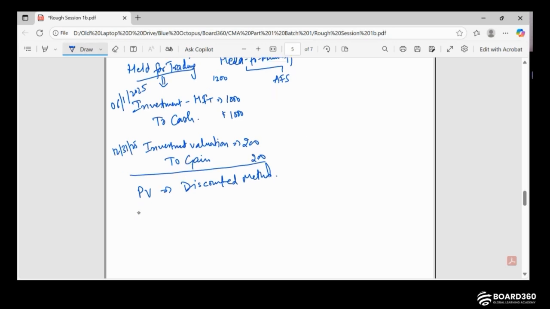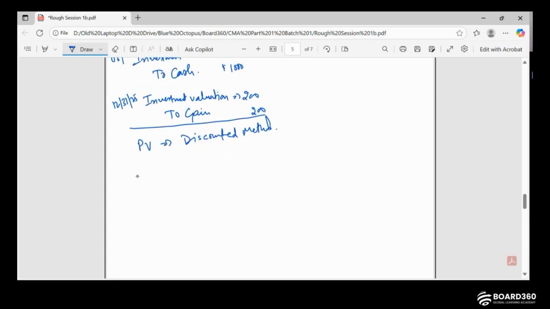So let's say you have a bond which will give you interest of $10,000 every year, and at the end of the fifth year, you'll get $100,000. Now, how much would be the investment value today, in year zero? For that, you have to calculate the present value of all these cash inflows: 10,000 every year and $100,000 in year 5.